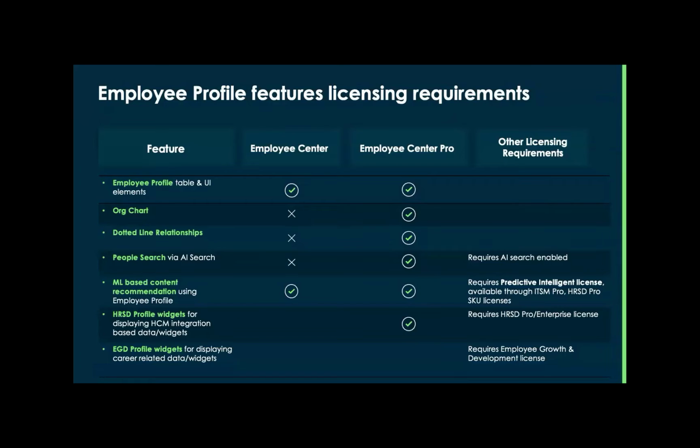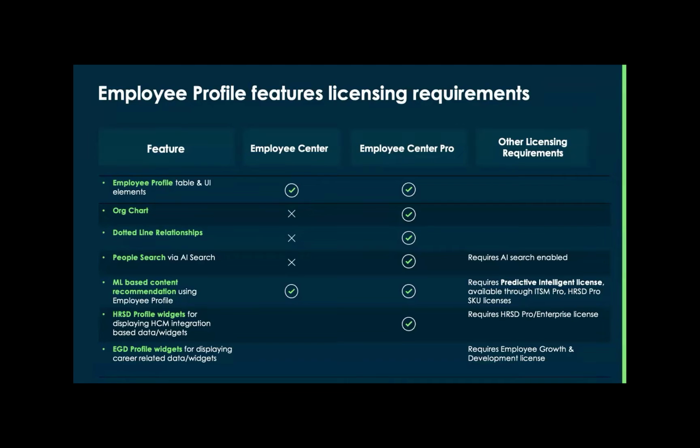Then we talked about the machine learning based content recommendations that recommend content based on similar profiles. So it requires a predictive intelligence license that is typically available through ITSM Pro or HRSD Pro licenses only, right?